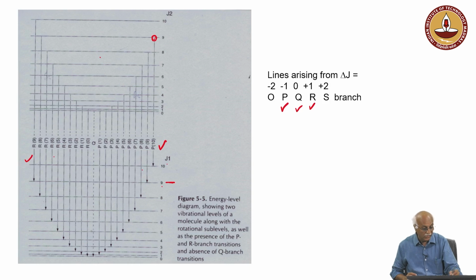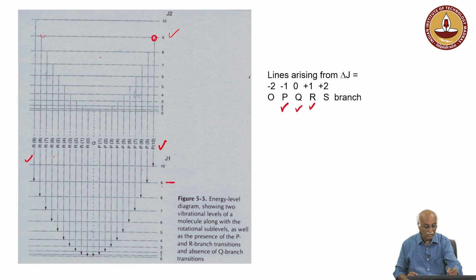Let us say this is J1, one vibration level, J2 another vibration level, and within J1 there are various rotational levels. Now, from level 9 it can jump to, or come to, position 10 also, or from 9 it can come to another.